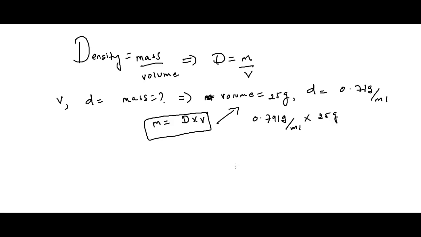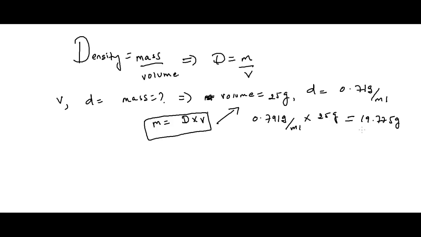If you multiply 0.791 times 25, the display shows 19.775. So 19.775 grams, because we're calculating the mass.